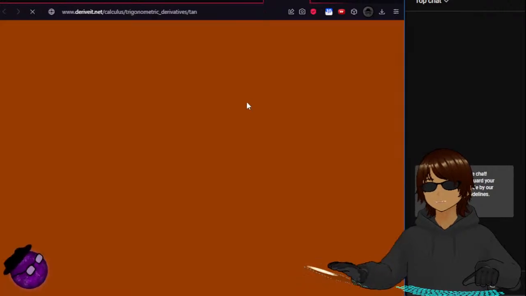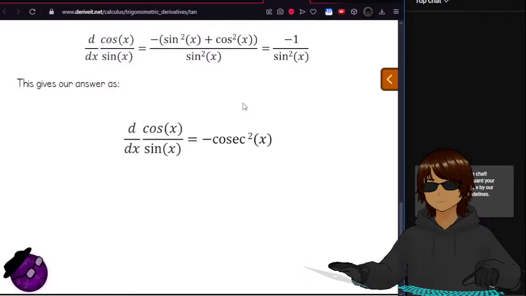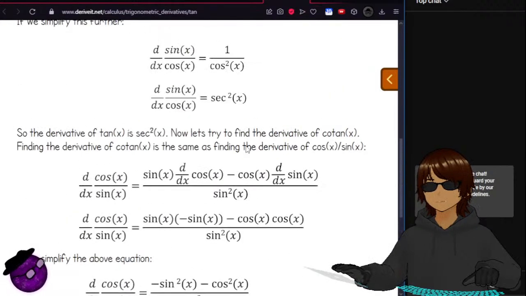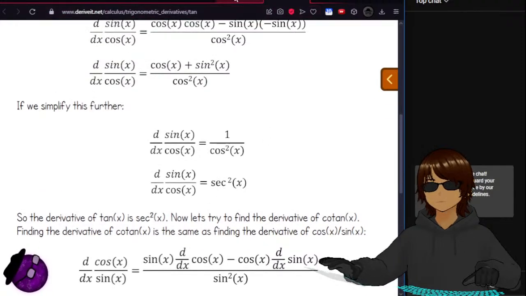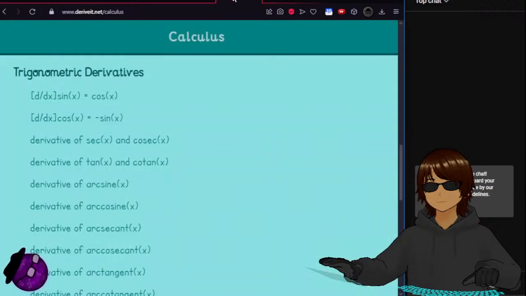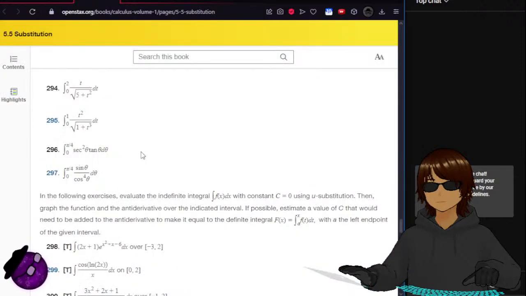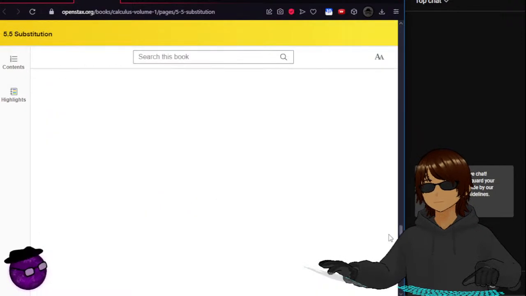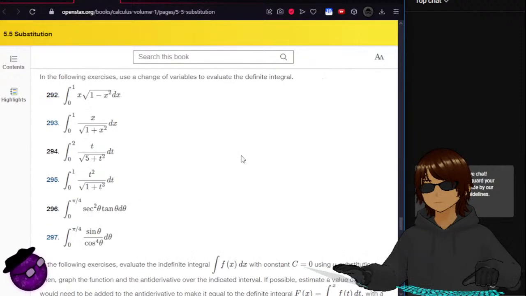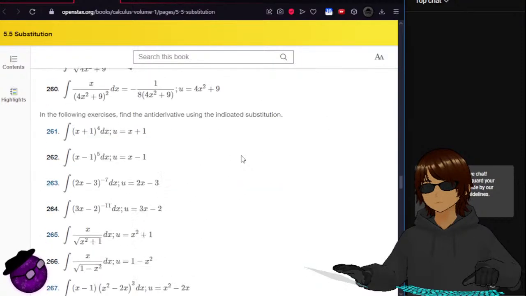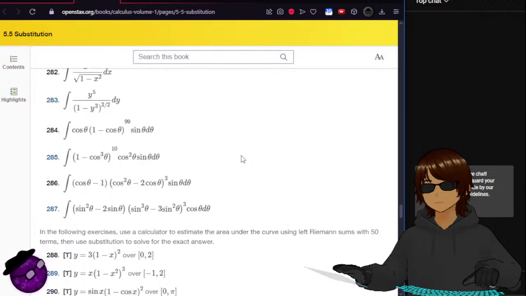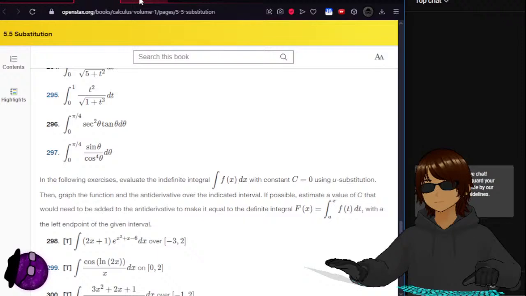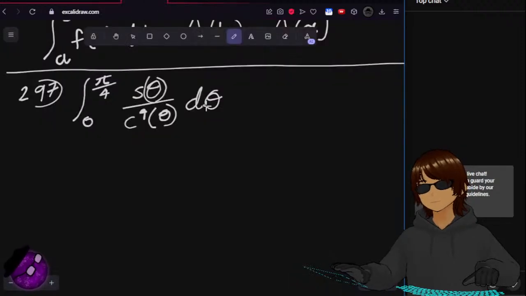Derivative of tan x is minus cos x square. No, wait. Sec squared x. Let me think.